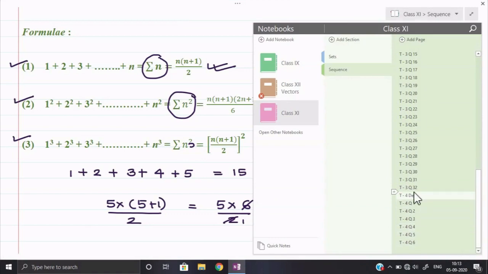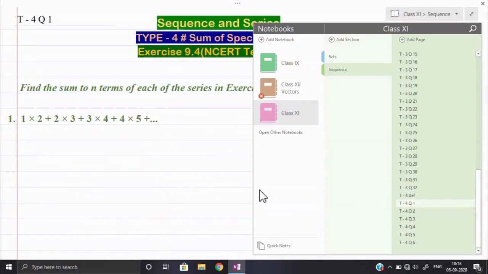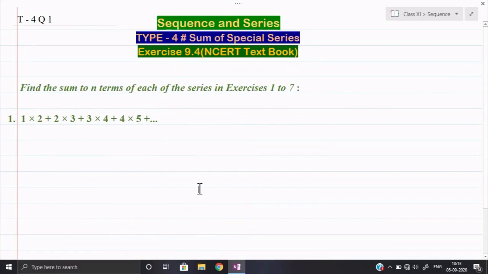First question. This is topic number 4, sum of the special series. You can see the example I have taken is given as a special series here. Observe the first terms of the sequence: 1, then 2, then 3 and then 4. Can we say that 1, 2, 3, 4 is forming an AP?